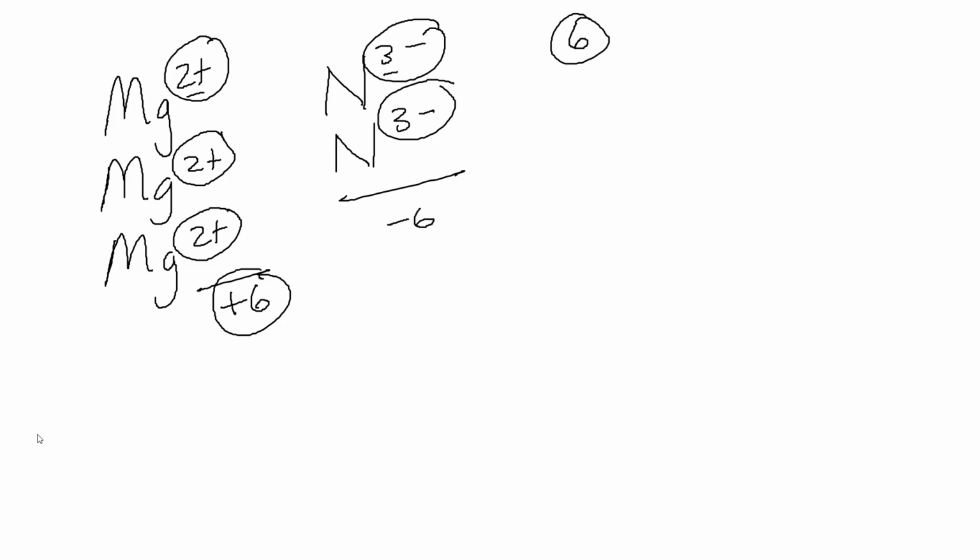So again, like I said, if you draw it like this, and if it helps you to do so, you might want to do it. That basically is 1, 2, 3 magnesium. So my formula should be magnesium with a 3, and 1, 2 nitrogens, nitrogen with a 2.